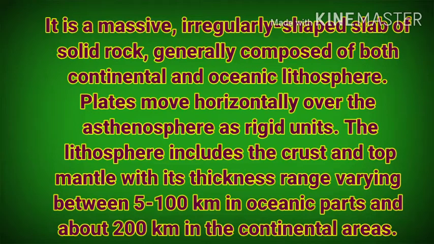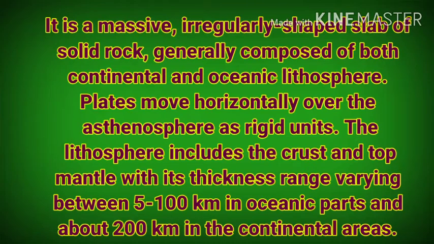So here we can say a plate may be referred to as a continental plate or oceanic plate, depending on which of the two occupies a larger portion of the plate.